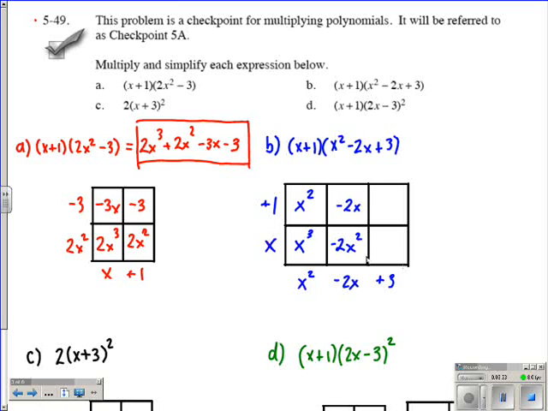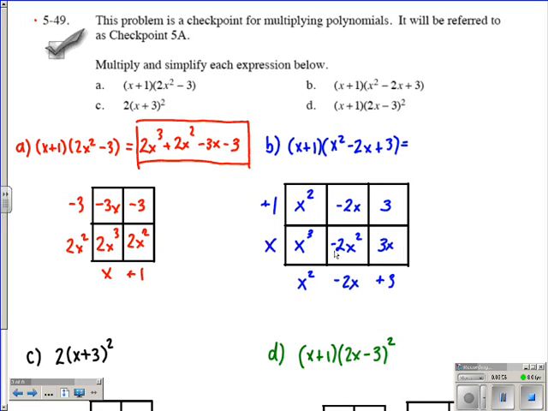Positive 3 by positive x would be 3x. And then positive 3 by positive 1 would be 3. And if you look diagonally, our x squared terms are here, our x terms are here. So it'll make it easier for us to combine like terms.